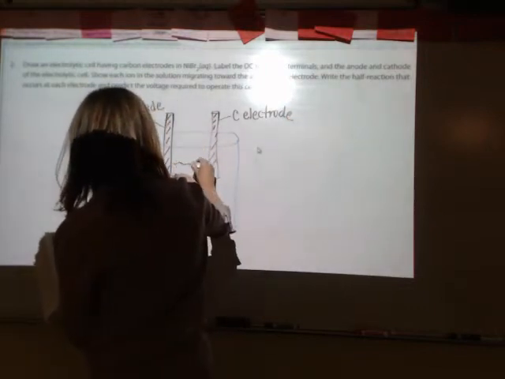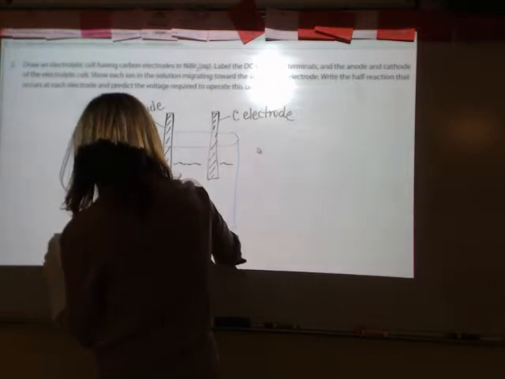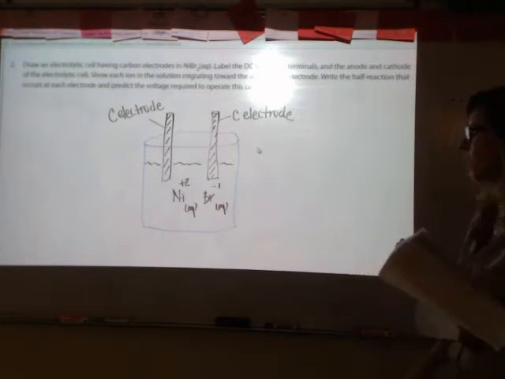And then they're in a nickel 2 bromide solution, so I'm just putting a nickel 2 ion and a bromide ion.